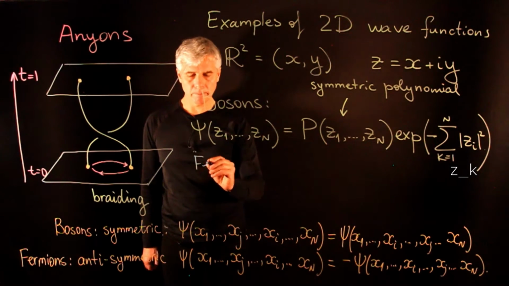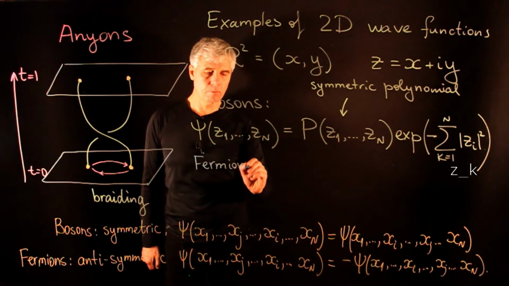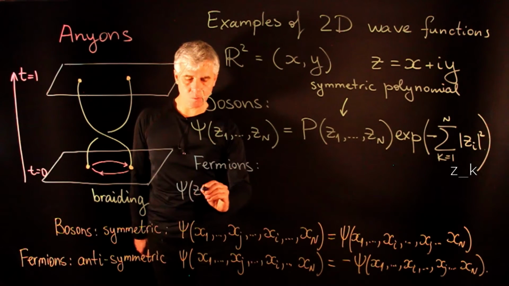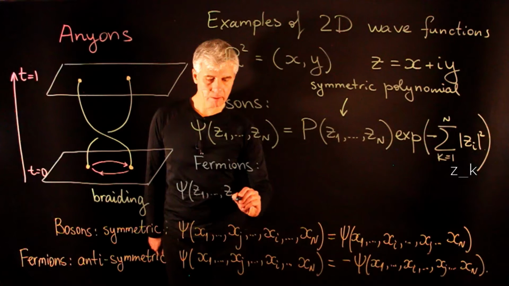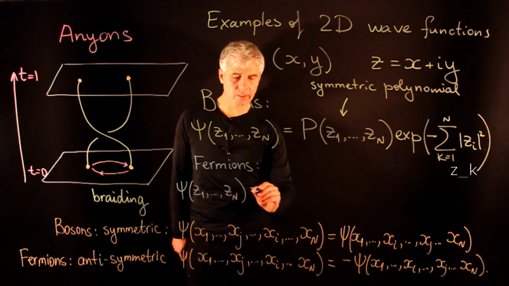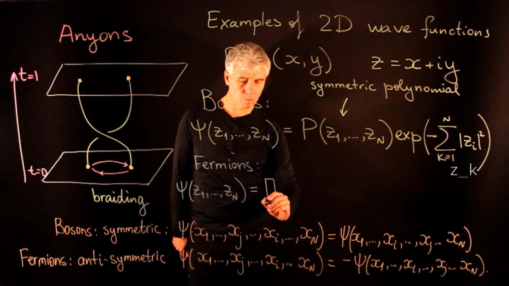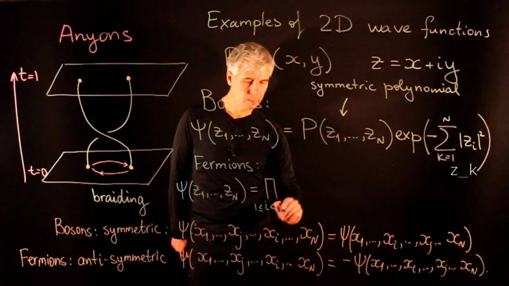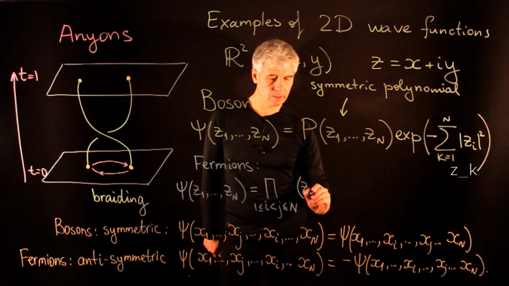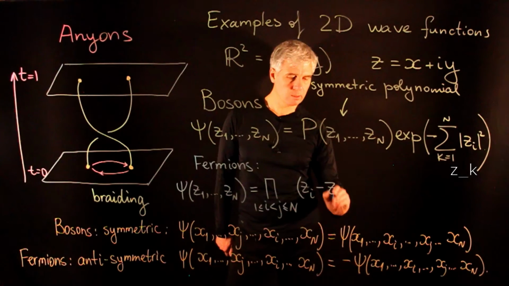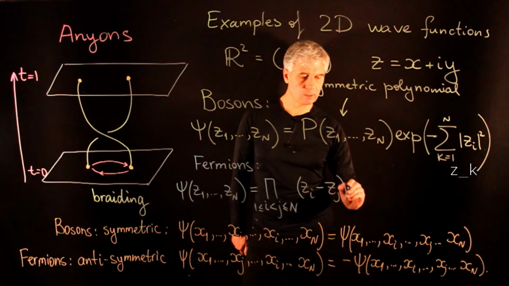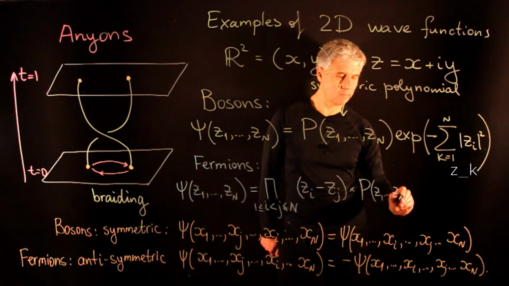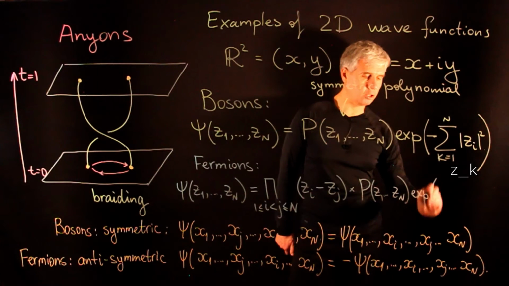For fermions, we construct the wave function in the following way. We take psi of z1 through zn, and we add an extra factor. This will be the product over i less than j from 1 to n of zi minus zj, times the symmetric polynomial, times the same exponential.